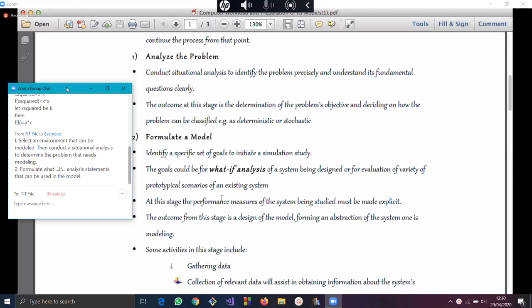Then number 3, you iterate, convert the what if analysis statements into a set of relationship.